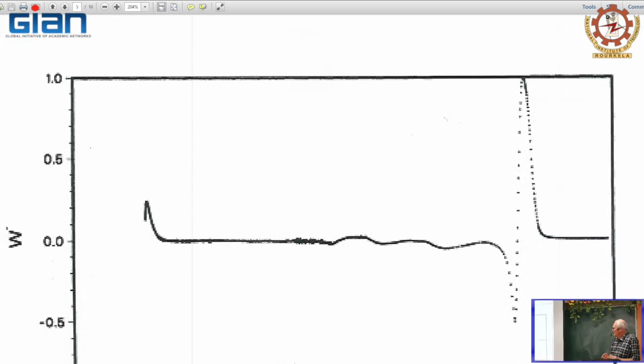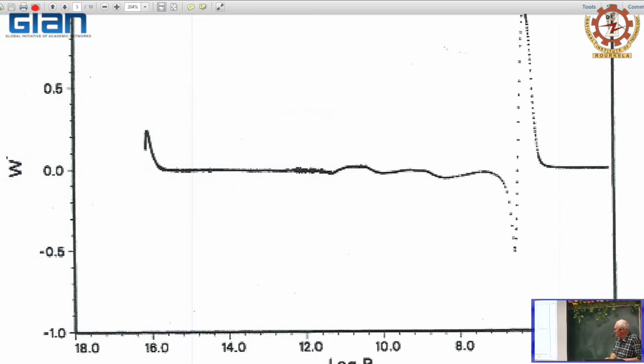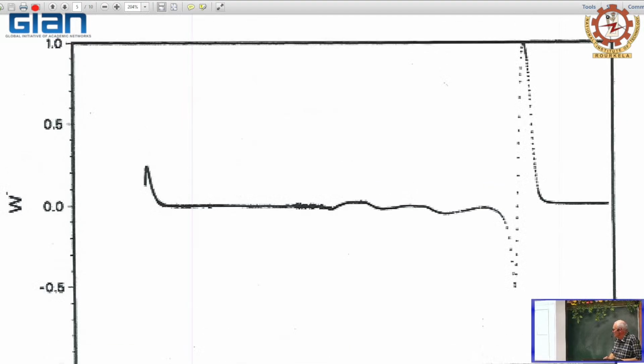Again, we have a very similar behavior here in the outer part of the star, close to the surface. Again, as a function of log P, we have the differential work integral. We have a negative part, this is the damping region, and we have a positive part where the differential work integral is positive.